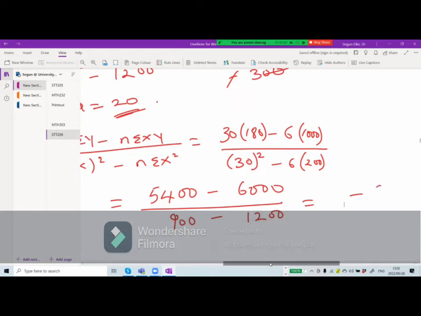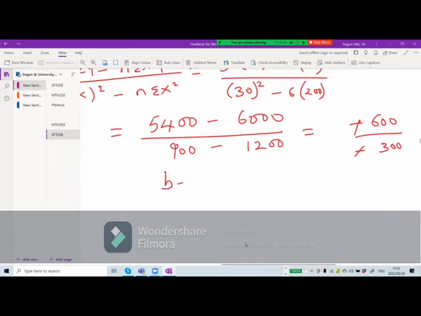We have minus 600 divided by minus 300. So our B is equal to what? Sorry, B is 2. B equals 2.